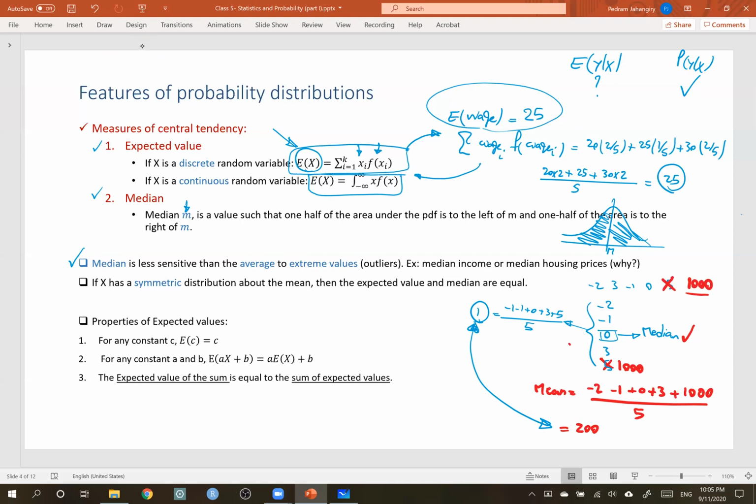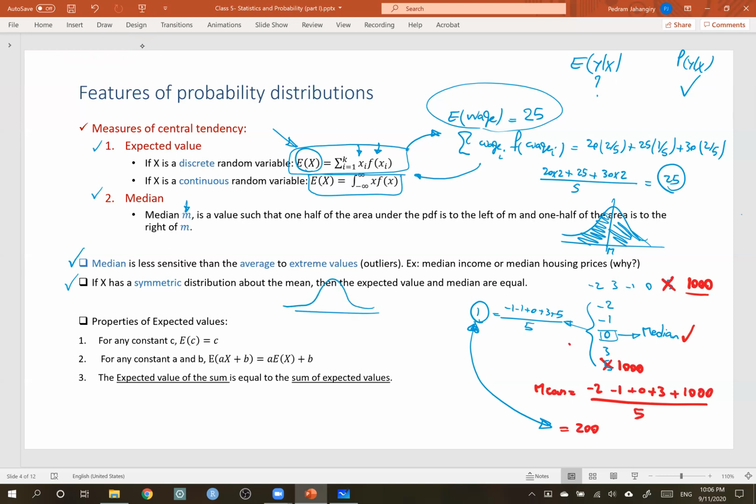And it's a better representation of the central tendency in the data whenever the distribution is skewed, very skewed. And when I say skewed, it means that we have a bunch of outliers on either tail, left tail or right tail. Okay. However, I think this comes without saying, if X is symmetric, then the mean and median are exactly the same, right? For the continuous version, it's easy to see.